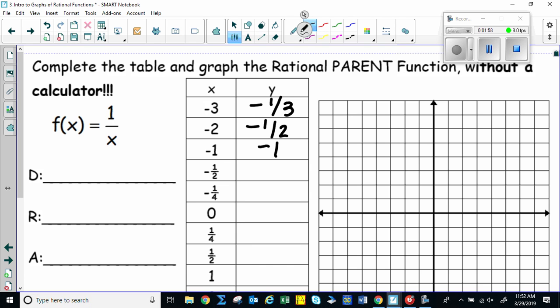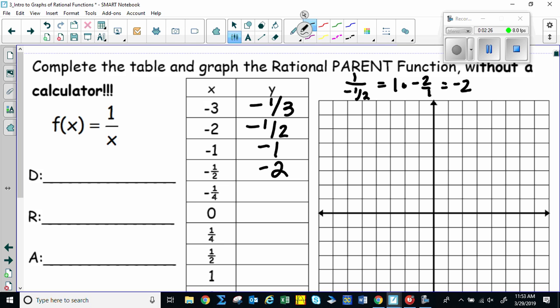Okay, so let's just review that. If I take 1 and I divide this by negative 1/2, do you guys remember how we divide by a fraction? You multiply by the reciprocal. So this is equal to 1 times negative 2 over 1, which equals negative 2. So this is how I'll fill in that y value for x is negative 1/2.